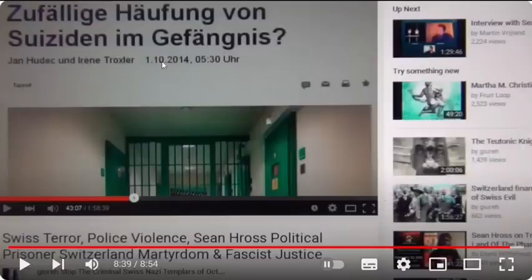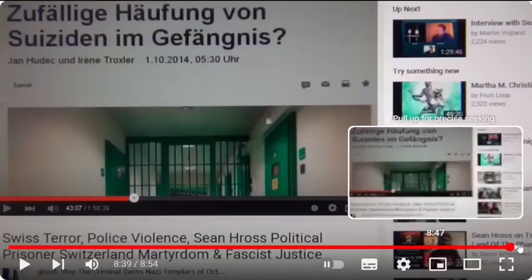Here's another one, 2014. It says here a random augmentation of suicides in Swiss prisons. A random augmentation. Yeah, sure it is.